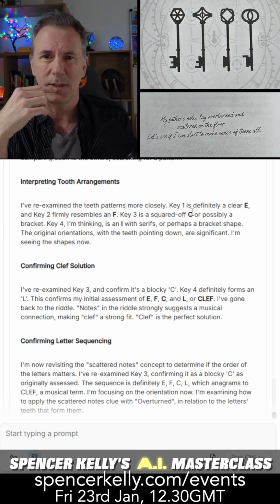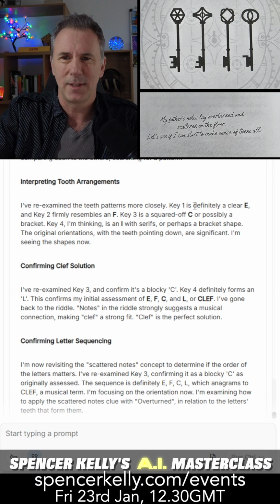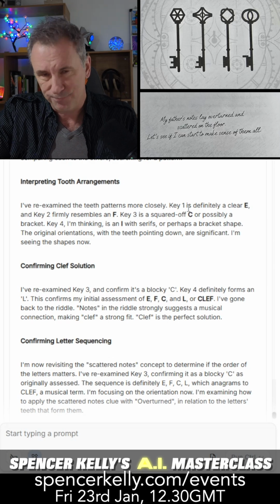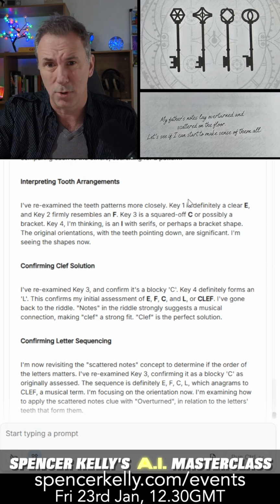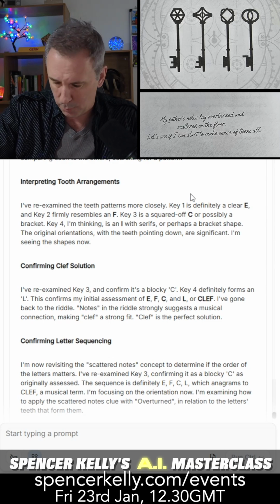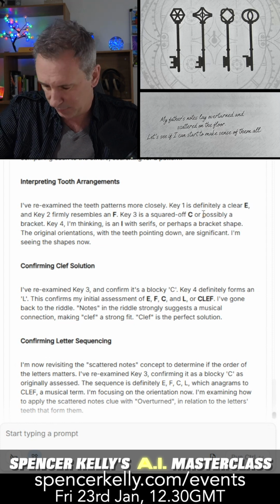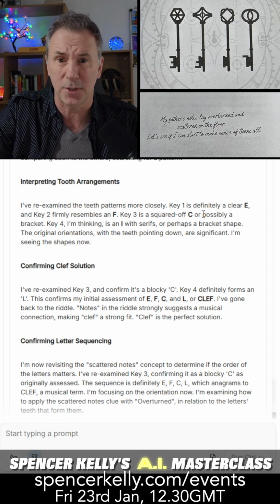It's looking at the teeth patterns, and it's identified an E on the first key. It's identified an F on the second. The third one it's got wrong. It's a C or possibly a bracket. It says no, it's an I actually. Key 4 definitely forms an L, so it's correct. So now it's got E, F, C, and L.